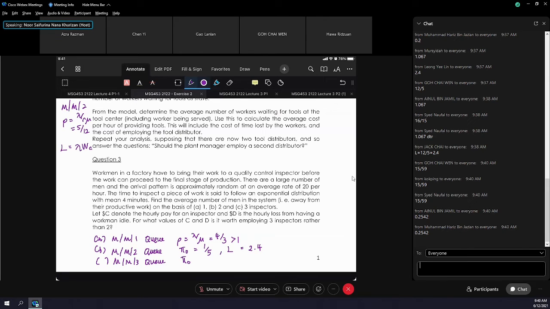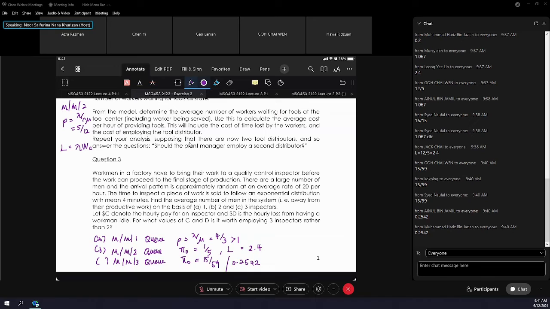If you write your solution in fraction, you should get the one shared by Chai Wen, Kok Ping, and Nofal. So for your pi note, you should get 15/59 or 0.2542.